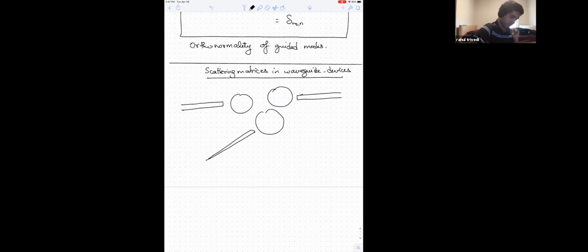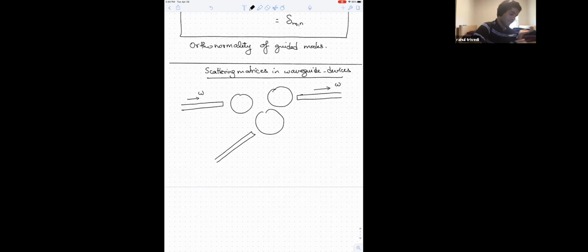And what you're interested in understanding is what the spectrum of the system looks like, right? So if I shine in, let's say, light at frequency omega through one of the waveguides, what is the light coming out through a different waveguide at the same frequency? So can I say something about the transmission spectrum or reflection spectrum of this coupled cavity waveguide system?